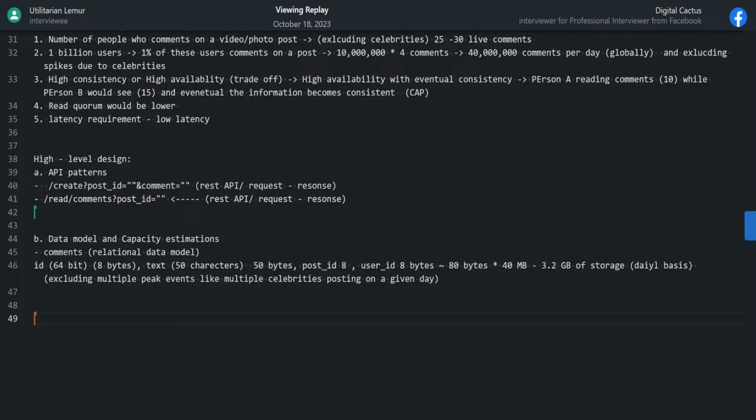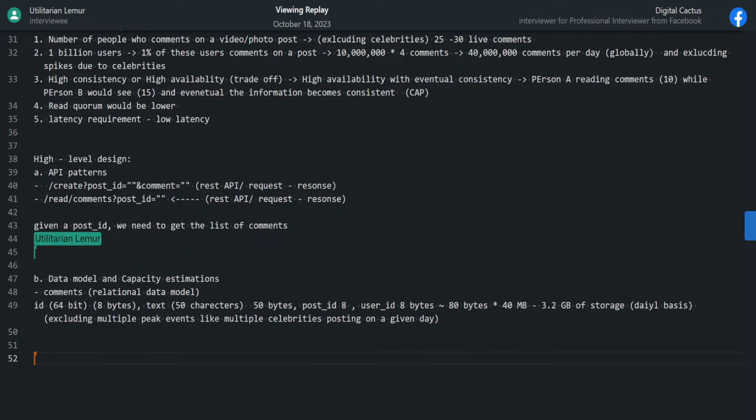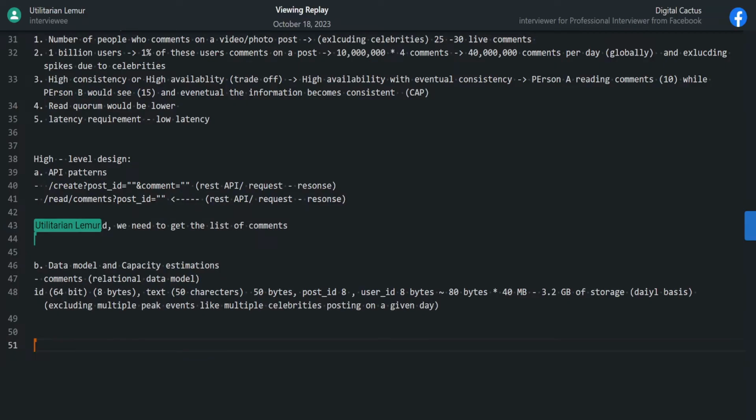Okay, sure. I'm wondering about this particular one, the read perspective, but I will let you explain. Oh, sure. So the basic idea here is that given a post ID, we need to get a list of comments. What this API is basically telling us is to go to the read path, and what I want is comments.